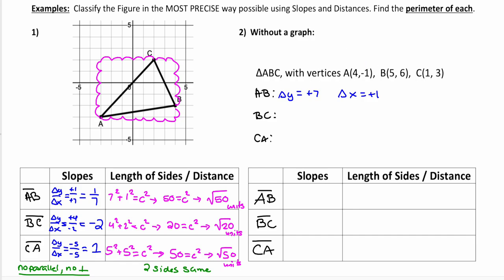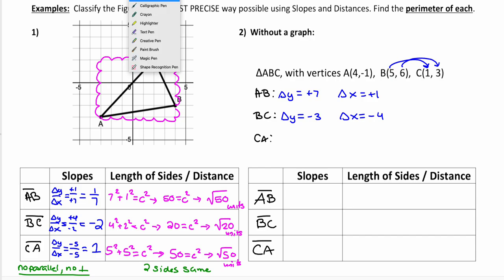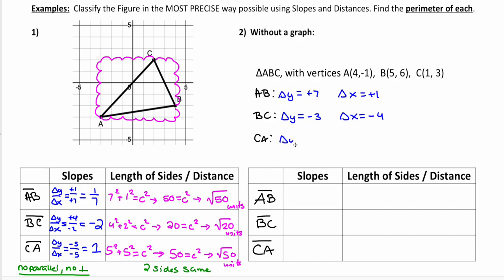Next, I'm going to do B to C, same thing. Change in y from B to C, so I'm going from 6 to 3, which is a minusing of 3. Then I'll do change in x, which goes from 5 to 1, which is a minusing of 4. Last is C to A, change in y.